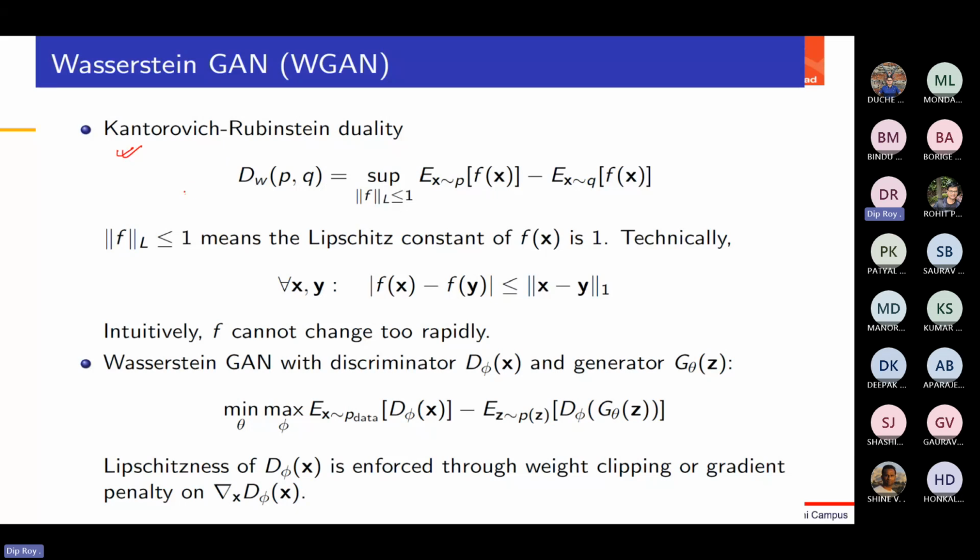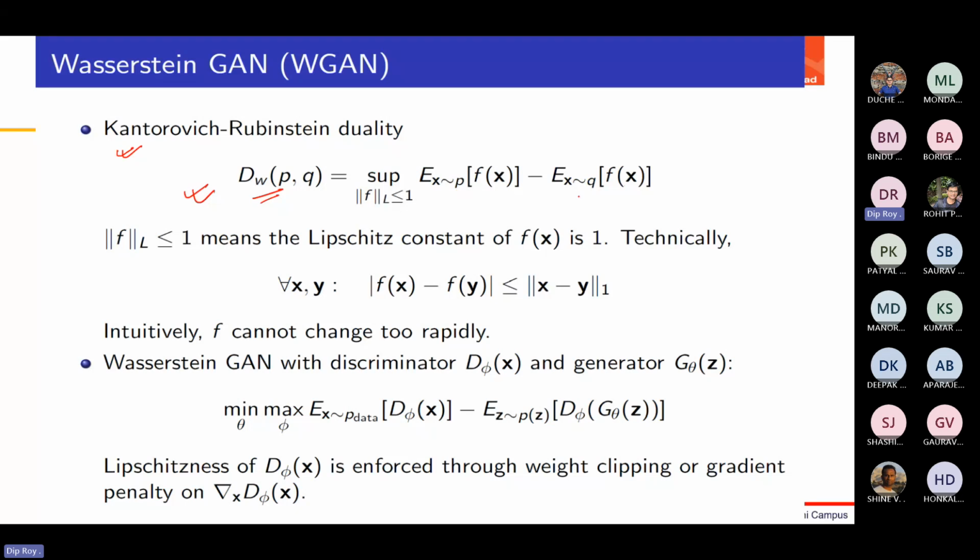This is the form of the duality that we have. This is basically the Wasserstein distance: a supremum of the expectation of f of x, x from P, minus the expectation under the other distribution.